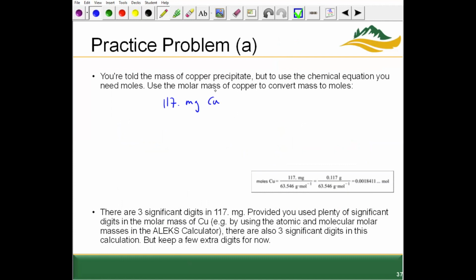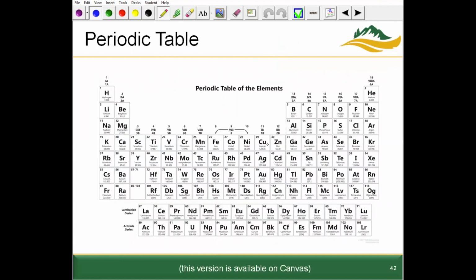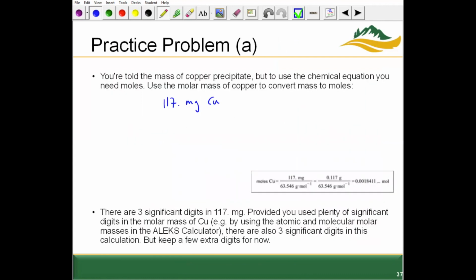Looking at the periodic table for the molar mass of copper, copper weighs 63.546, in units of grams per mole. Using that molar mass, or better named atomic mass, because we're just dealing with one atom here, not a whole molecule, just one atom of copper, one atom of copper weighs 63.546 grams per mole.